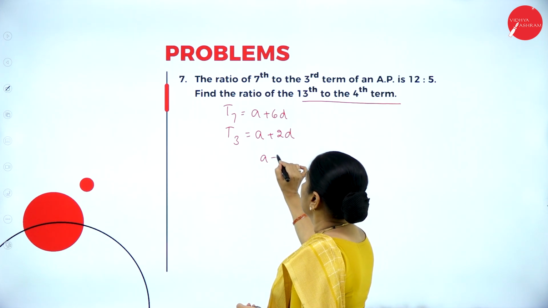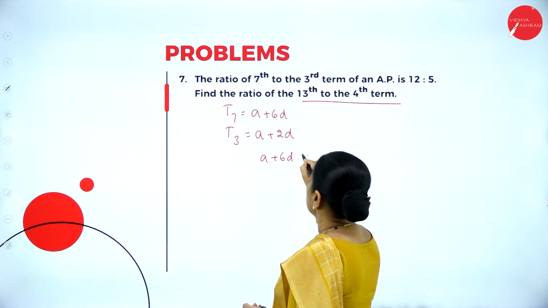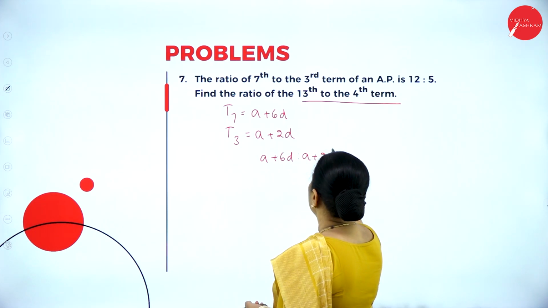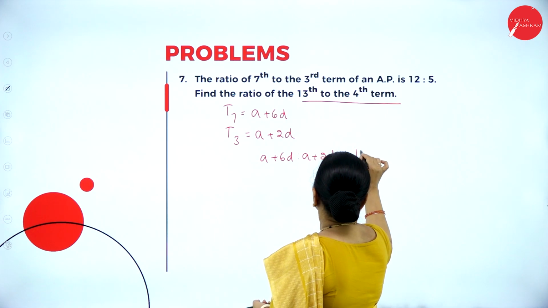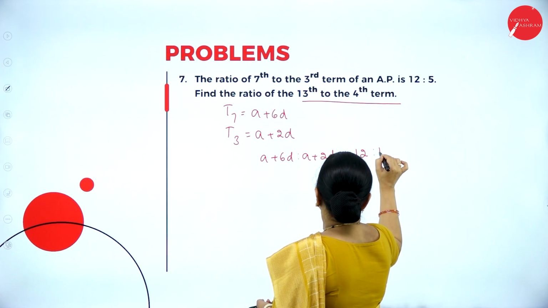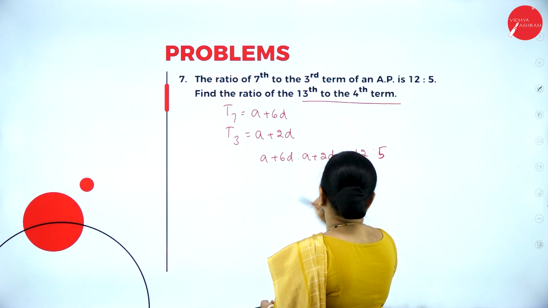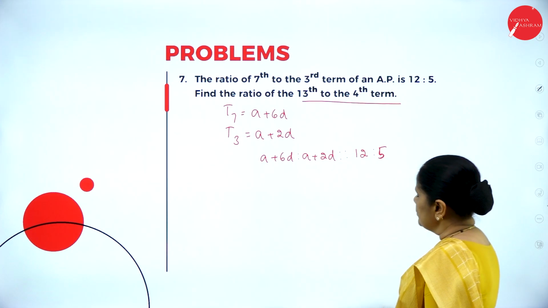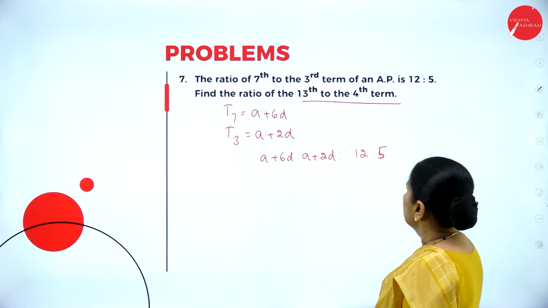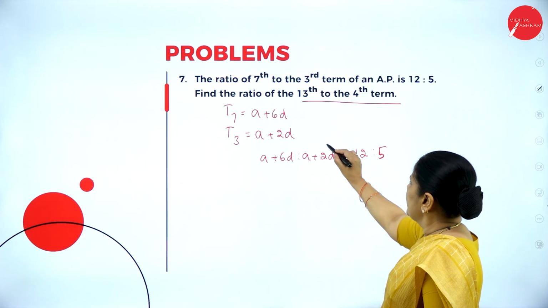So, I'll write A plus 6D is to A plus 2D as 12:5.